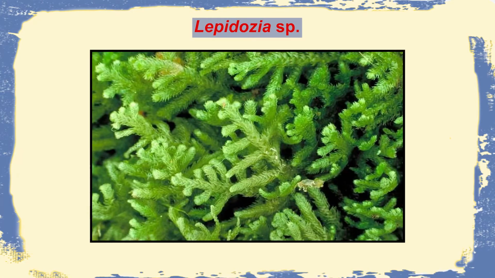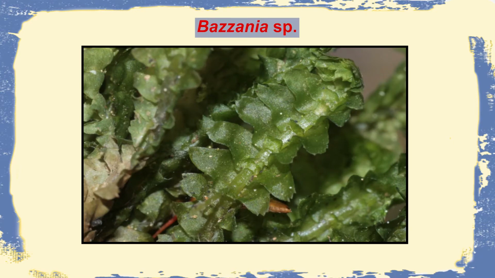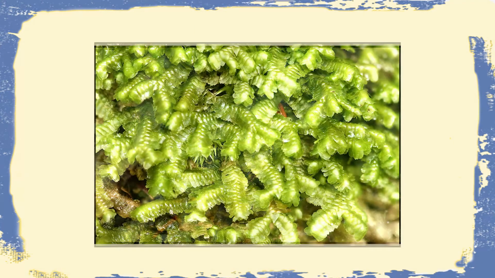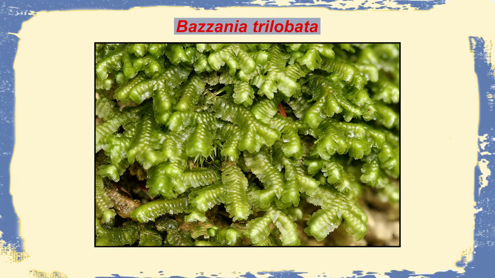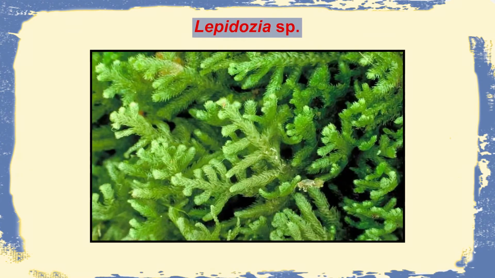Next, in Lepidozia and Bazzania, there are lobed leaf-like structures. Bazzania has trilobed leaf structures, whereas in Lepidozia, there are 4 lobed leaf-like structures.